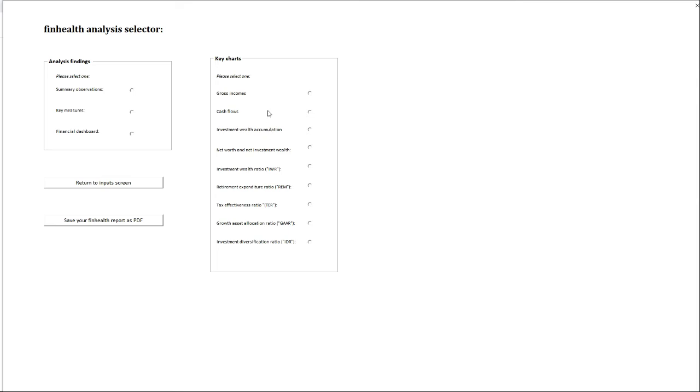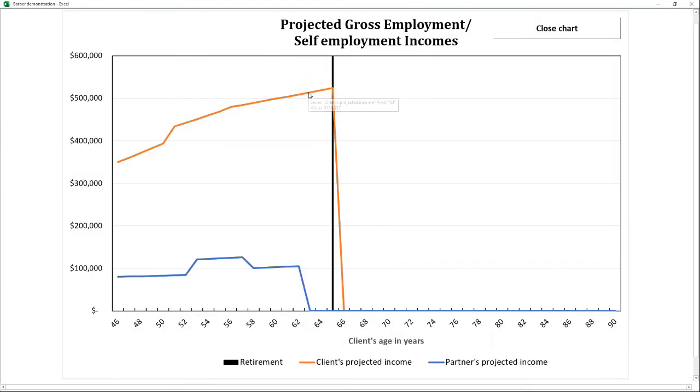Also, there are 9 charts to examine. The final 6 repeat the charts that comprise the personal financial dashboard, but facilitate a more detailed examination. However, the first 3 charts provide additional insights. The gross incomes chart graphically displays the income assumptions that the Barbers have made.